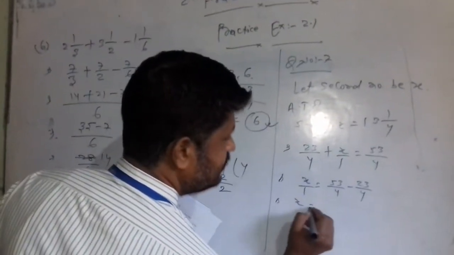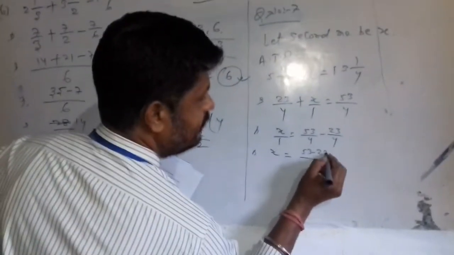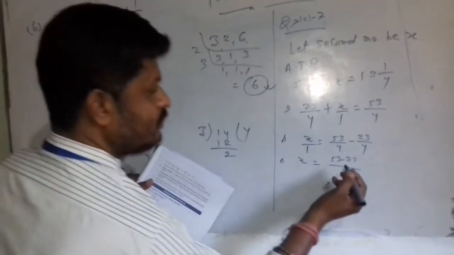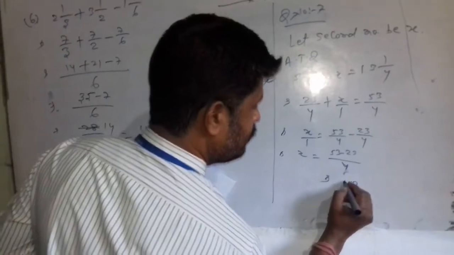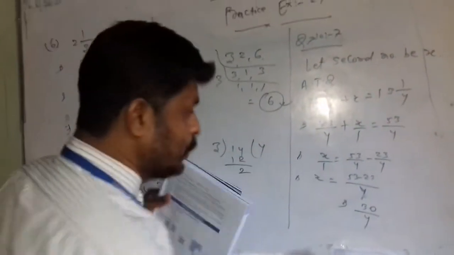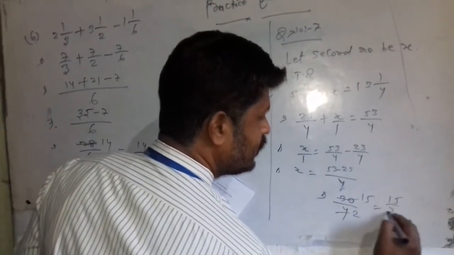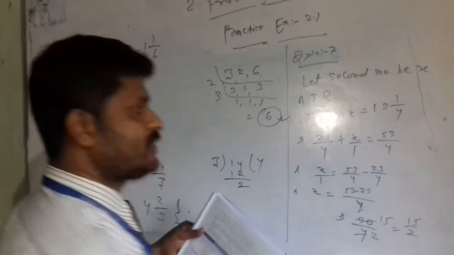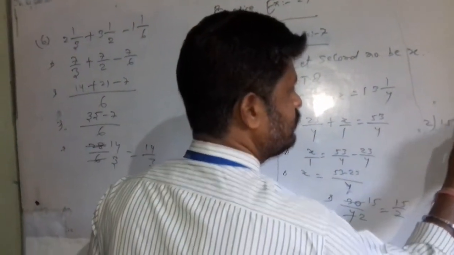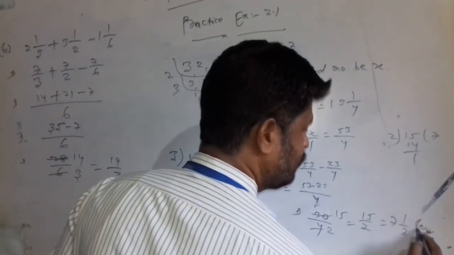Now x is equal to 30 by 4, and 30 by 4 is divided by 2, so this will be 15 by 2. If you change it into a mixed fraction, then you get 7 whole 1 by 2, and this is your answer.